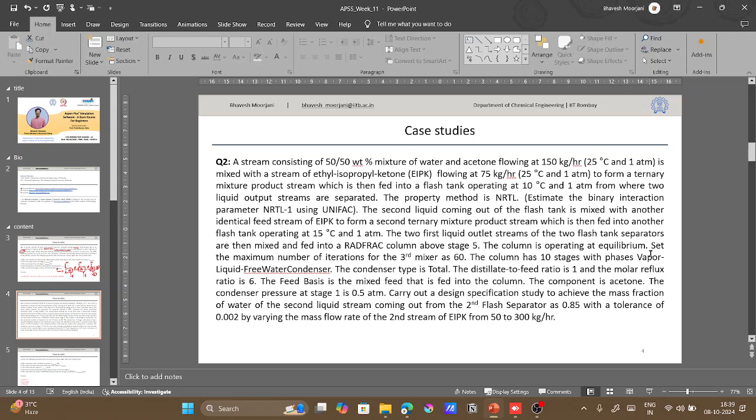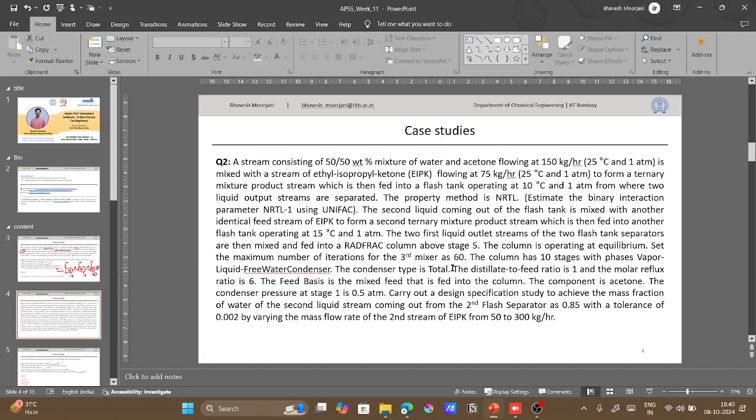The column operates at equilibrium and the column data is given. The column has 10 stages with phases: vapor, liquid, water, condensate.